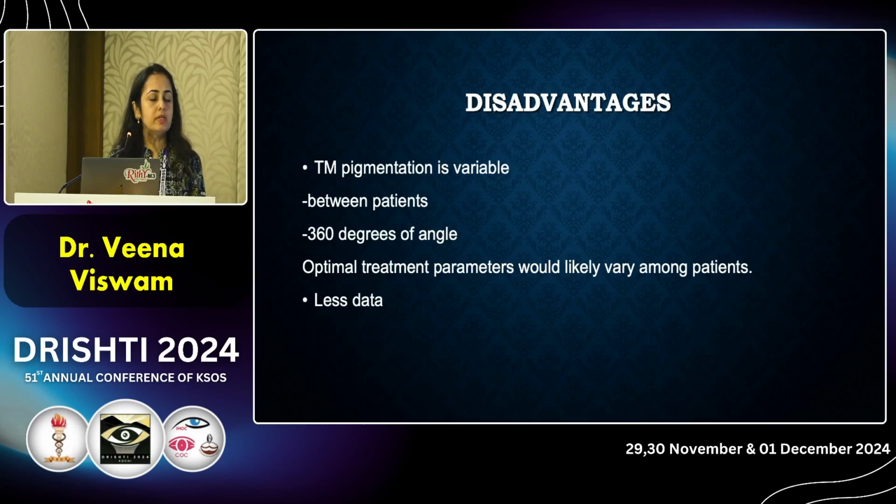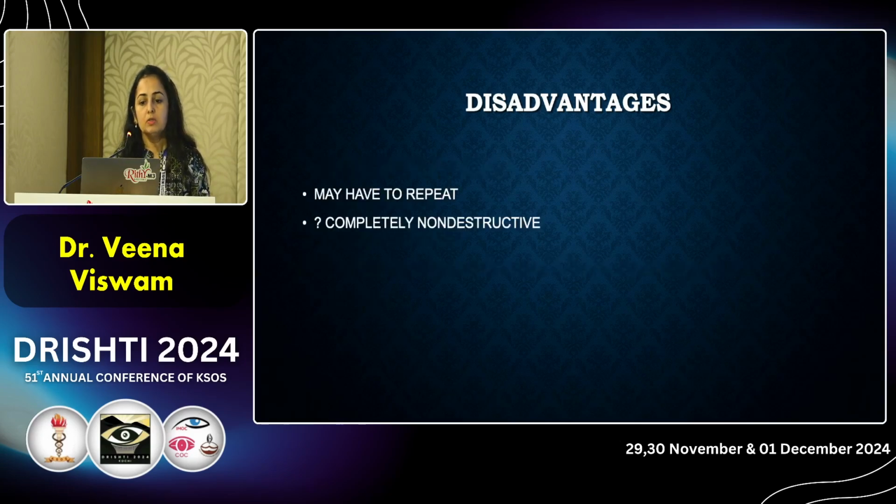Another problem is that there is only very limited data available. Whether the treatment is durable, we will understand only in the long run. We may also have to repeat the treatment, and whether it is completely non-destructive is yet to be understood.